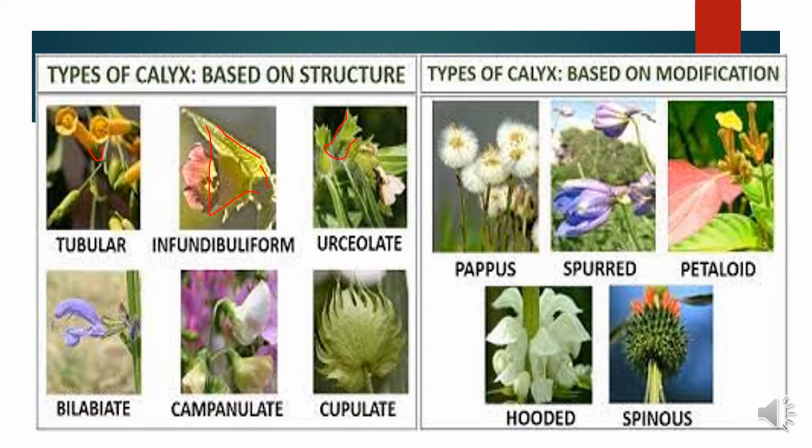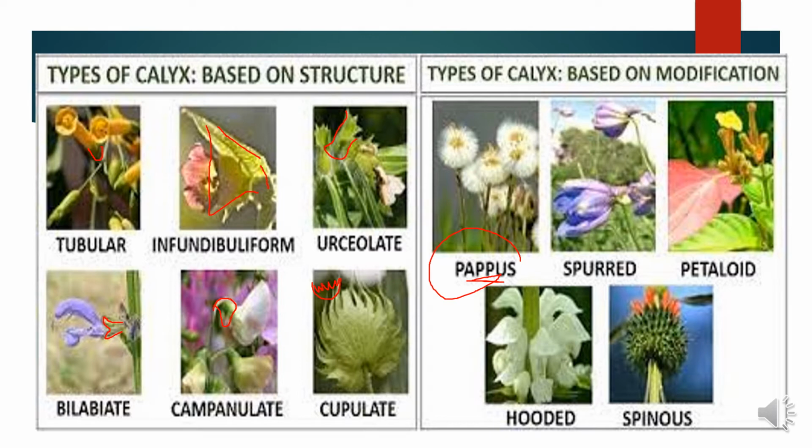It can be bilipped, that is two-lipped. It can be bell-shaped, that is campanulate. It can be cup-shaped, that is cupulate. It can also be very thin and feathery, that is pappus. Here we see it is characteristic of Asteraceae.